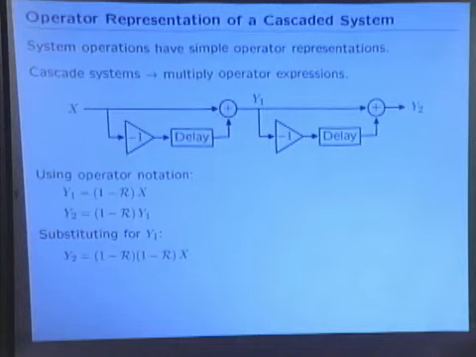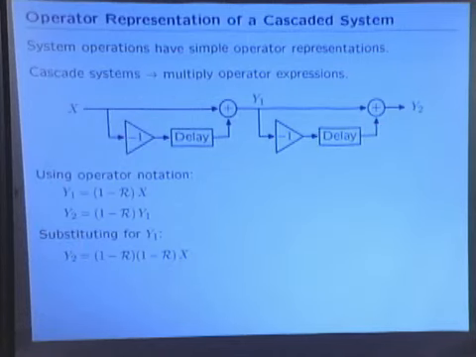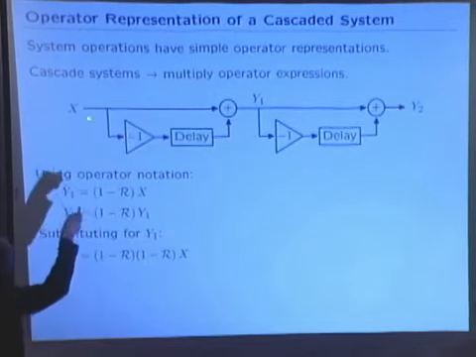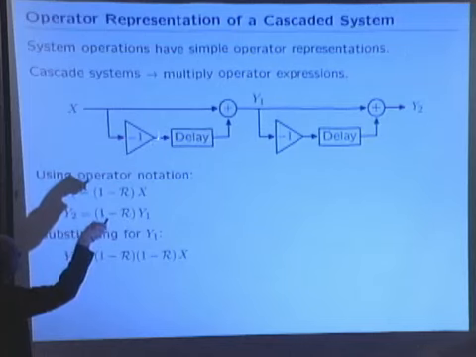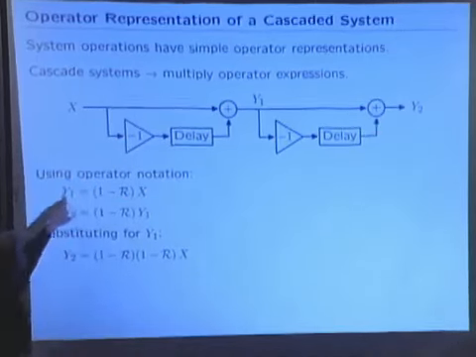So the idea then is that we want to think about this hybrid notation, this operator notation, and how to represent simple systems that way. So here's an example. Say I have this system. I can think about that as the cascade of a system that starts with x. X is a signal, and this whole thing gets turned into an operator. That operator can be written mathematically as 1, this path, added to -1 times a delay. So 1 minus R operating on x gives me y1.